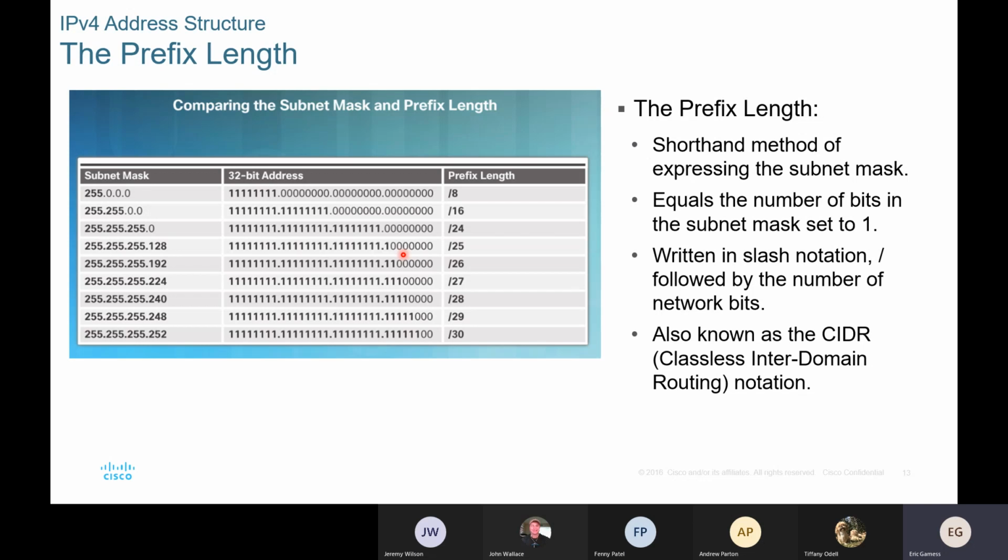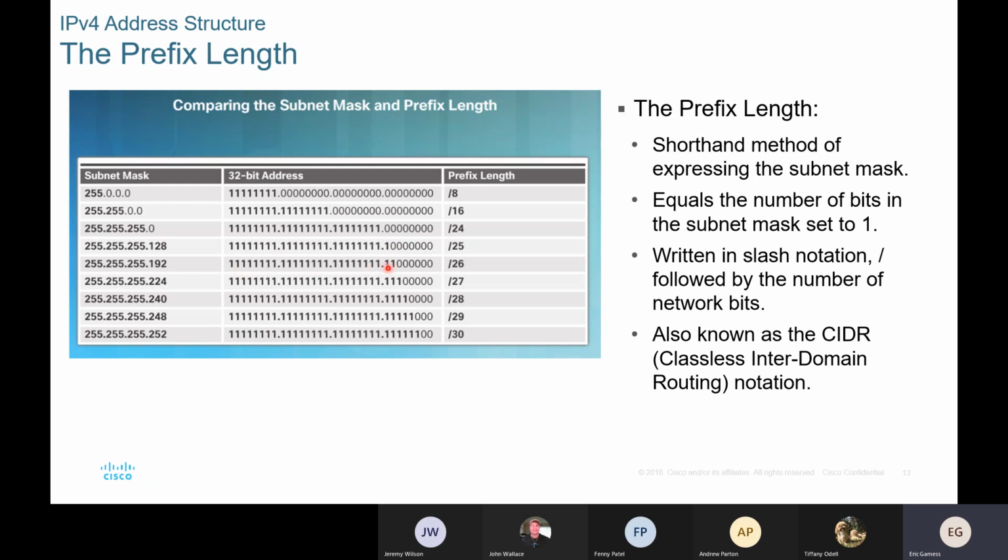If I represent this net mask in the dotted decimal notation, this byte will be 255, this byte will also be 255, this byte will also be 255, but the last byte will be 128. 128 is there in the sum, 64 is not there, 32 is not there, 16 is not there, and so on. So it's just 128. Look at this one.